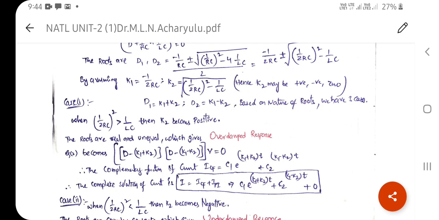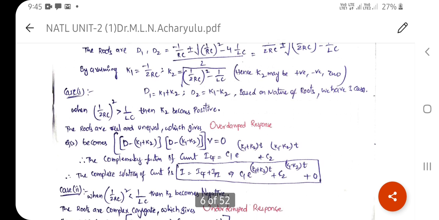The complete solution is the complementary function plus a particular integral, but here the particular integral is 0 because there is no value on the right side. So the total solution is only the complementary function, c1 e power (k1 plus k2) t plus c2 e power (k1 minus k2) t. This is case 1, the overdamped condition.